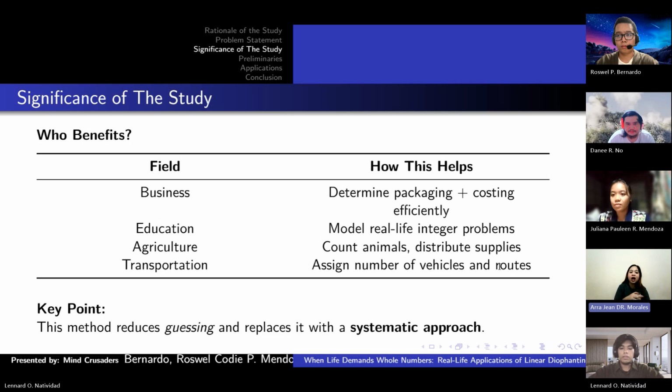For agriculture, having the knowledge to count and distribute livestock and materials will be helpful. And finally, for transportation, assigning a number of vehicles for routes is a good thing to do. So, this study is helpful not only in mathematics, but also in planning, budgeting, distributing, and organizing resources in real life. Next slide is the preliminaries.